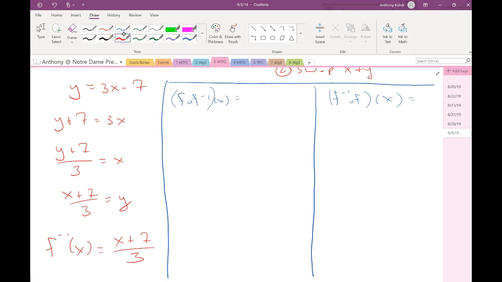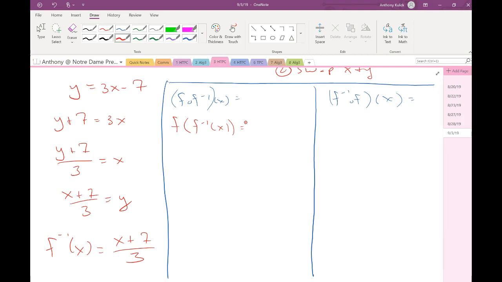And what should I get for each of these two compositions? X is what I need to get to kind of verify this. Okay. Well, I know from my definition of composition that f compose f inverse of x is just f of f inverse of x.